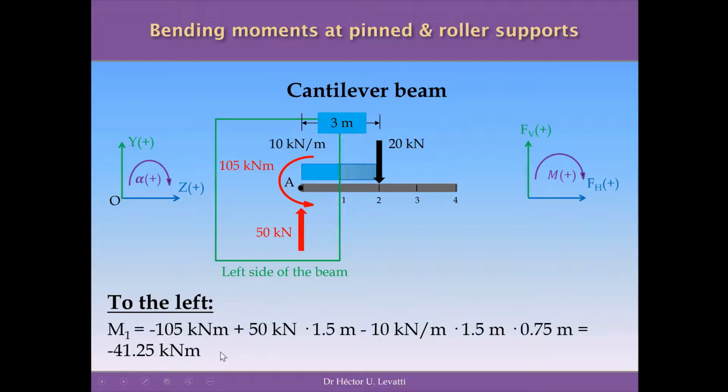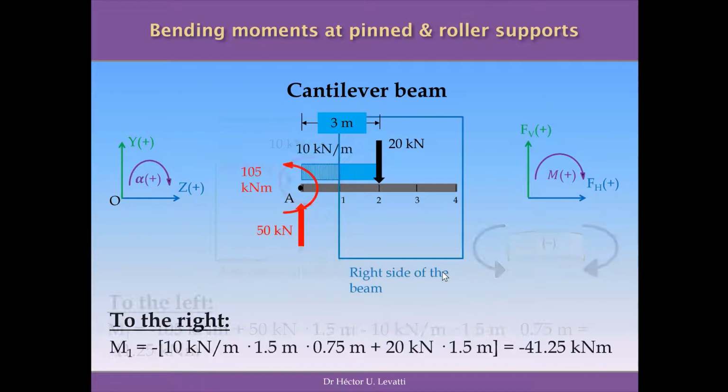Running this calculation, we find that the moment at cross-section 1 is minus 41.25 kilonewton meter. And this is a hogging moment as well, so it's negative.